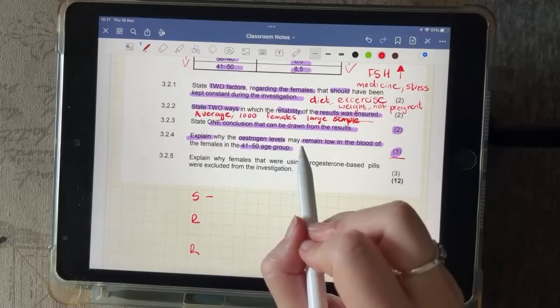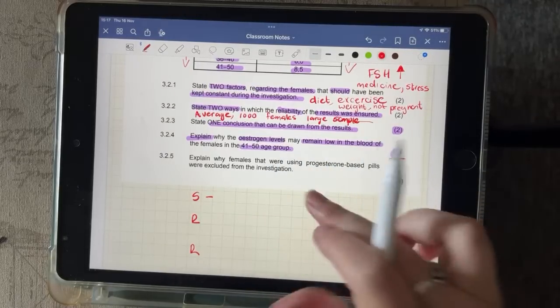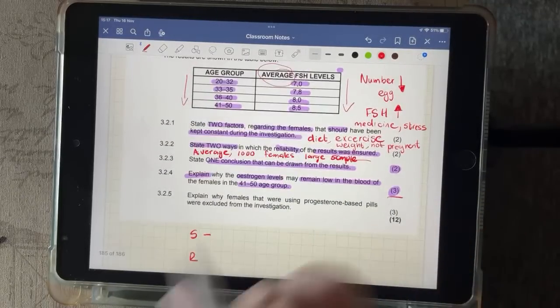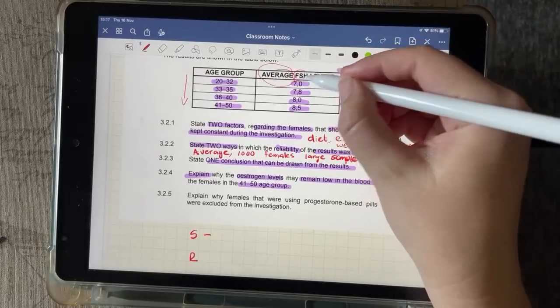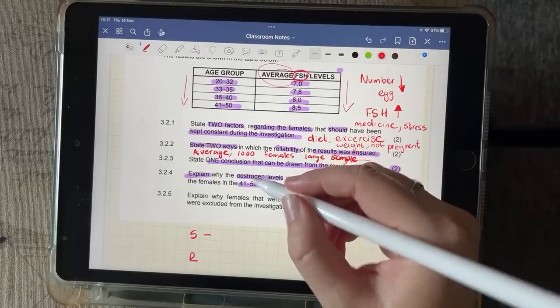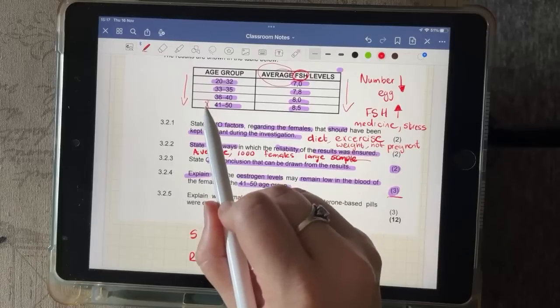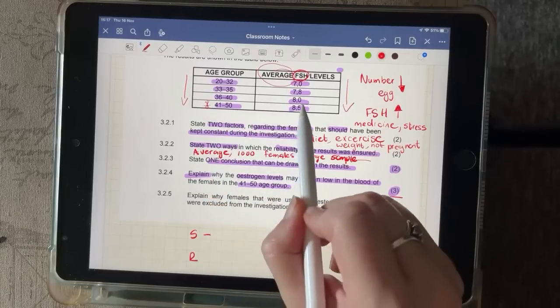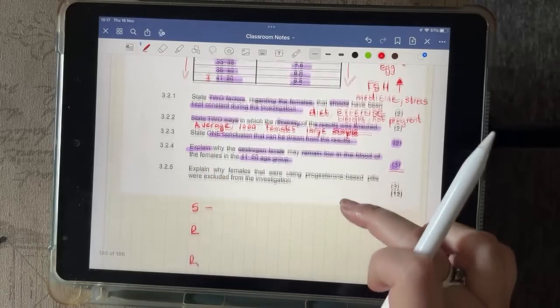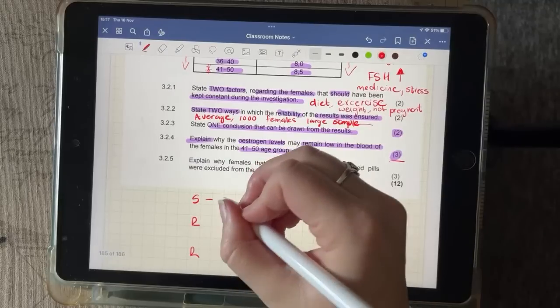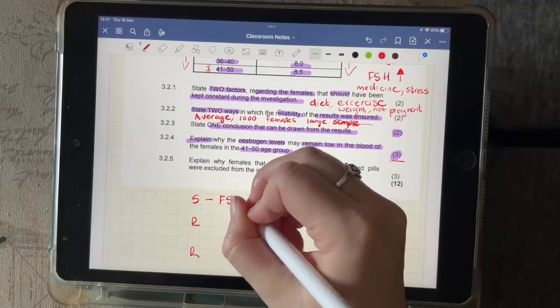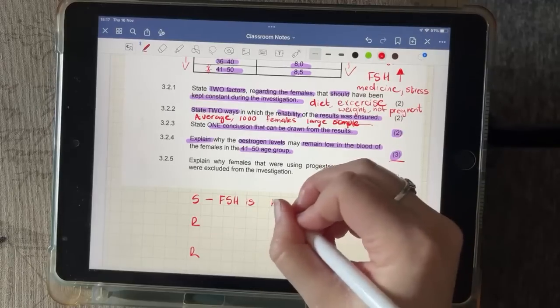Explain why estrogen levels will remain low. Now you need to know your hormone interactions. FSH and estrogen work in negative feedback. So if I'm an older woman in between the ages of 41 and 50, I will have a high level of FSH. So I'm going to say there as a statement, FSH is high.